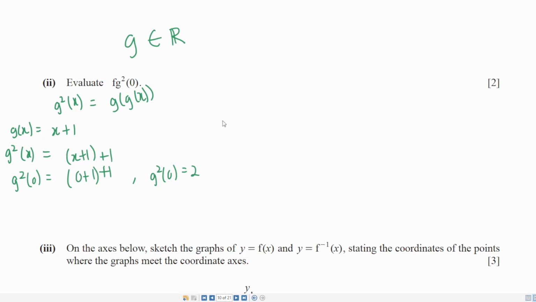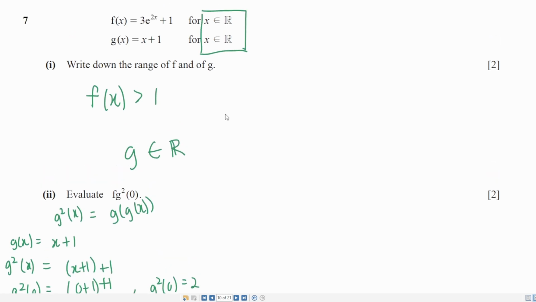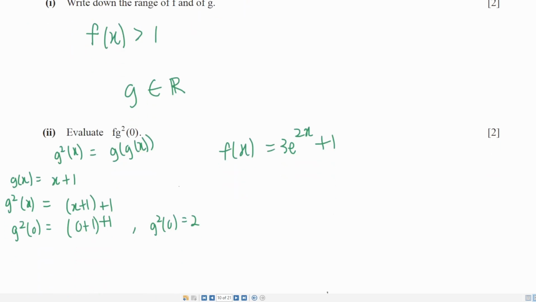So now that we do know g squared is 0 equals to 2, we can just input the value of 2 into f(x). So let's copy down f(x) here. f(x) is equal to 3e to the power of 2x plus 1, and then let's input 2 as the x value, so f of 2.